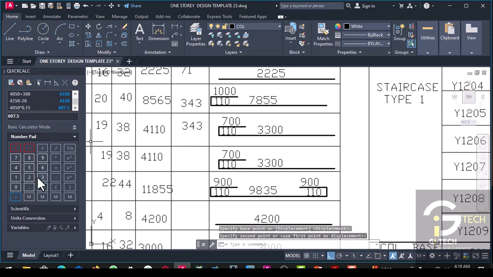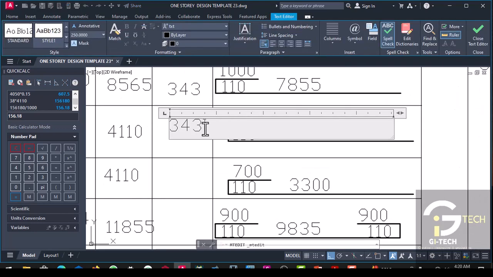The total reinforcement will now be 88 times 4110 divided by 1000. So this will give us 156.